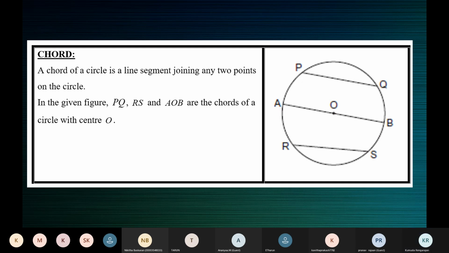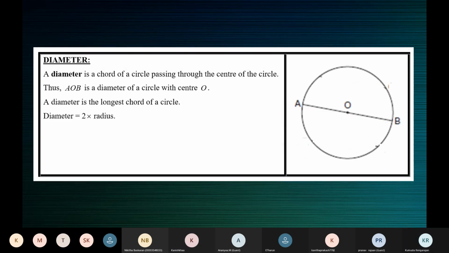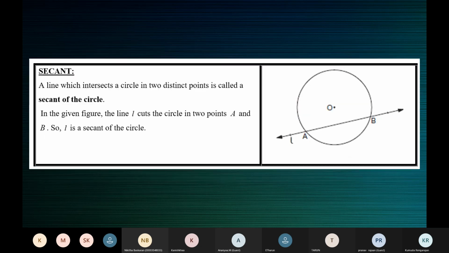Done, children? Yes, ma'am. This is the fourth one. What is meant by the term diameter? Secant.